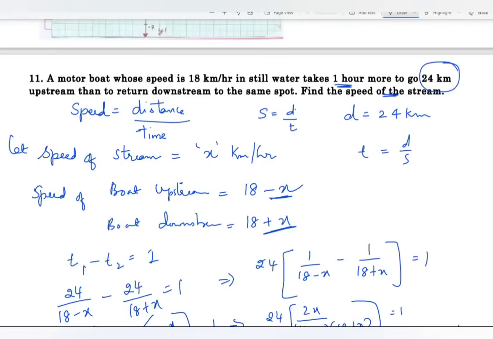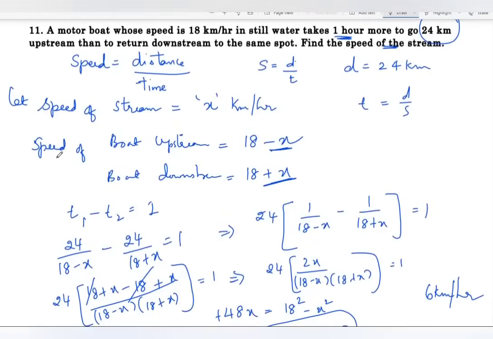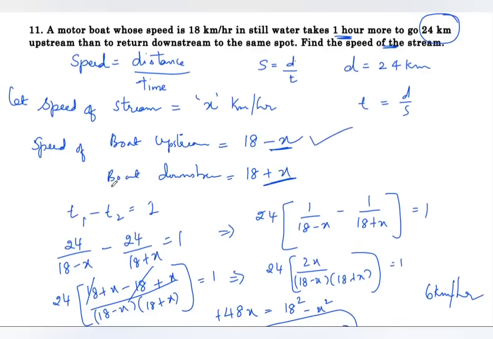Now let us assume the speed of the stream is x kilometers per hour. If you are going upstream, from a lower point to a higher point, the speed will be reduced, that is 18 minus x. In the same way, the boat downstream will move faster, so the speed will increase, therefore it is 18 plus x.